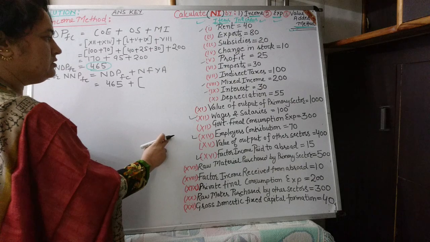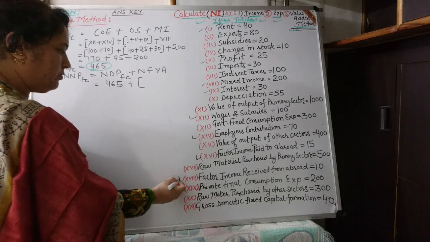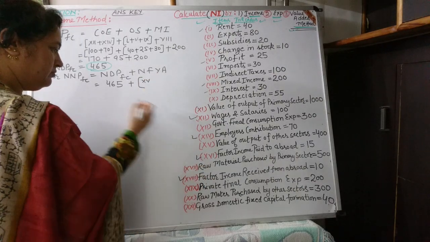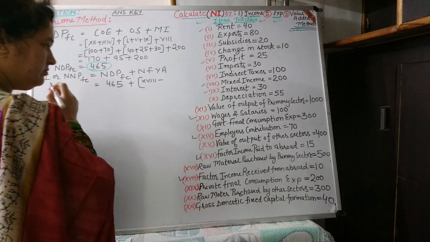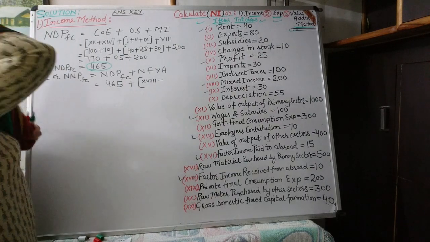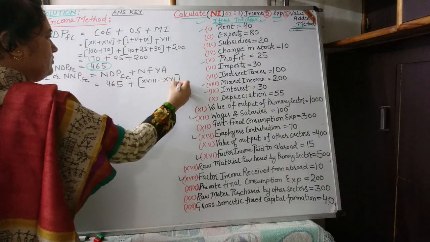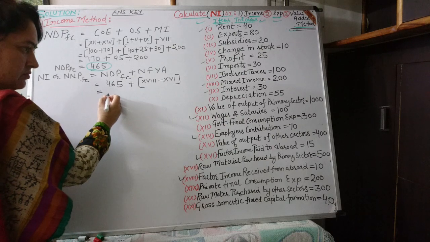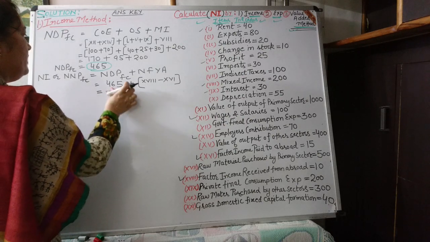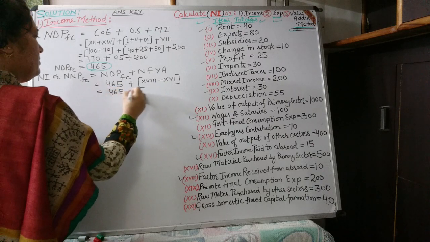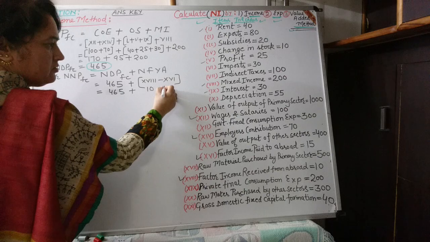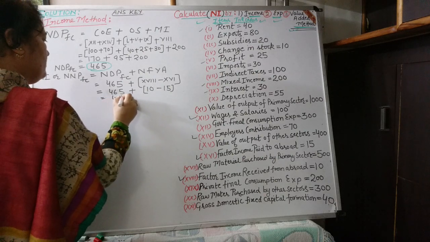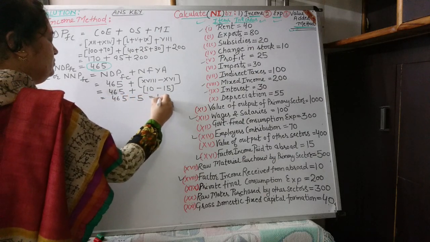So received minus paid, that would be deducted, item number 18 minus factor income to abroad. 465 plus 10 minus 15, 465 minus 5 is equal to 460.